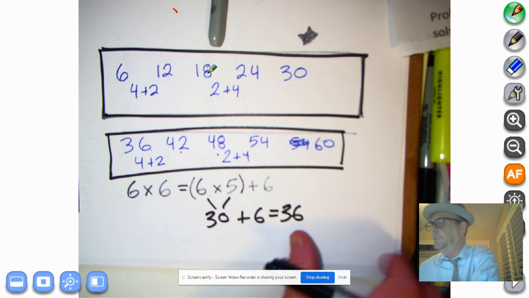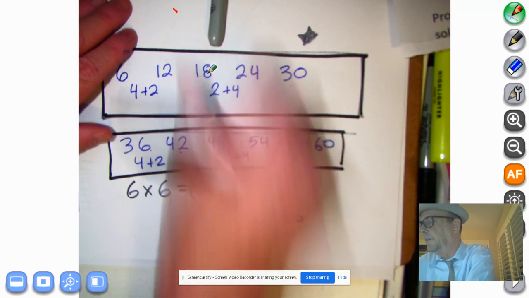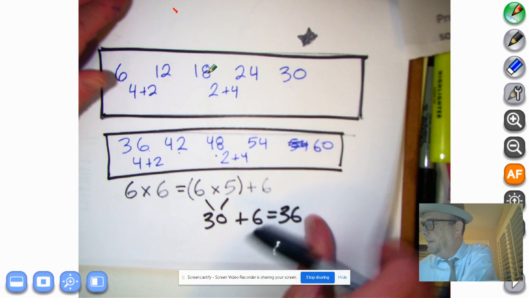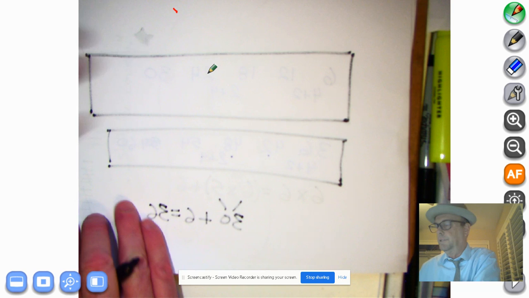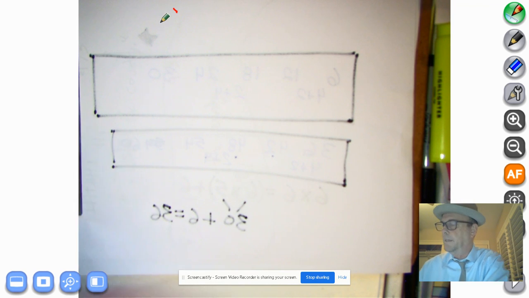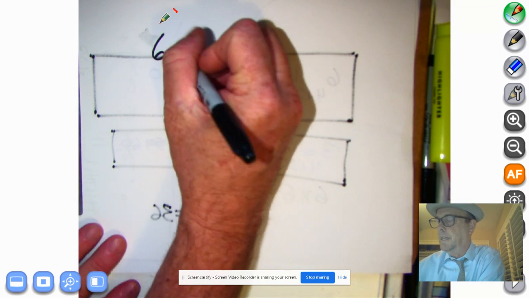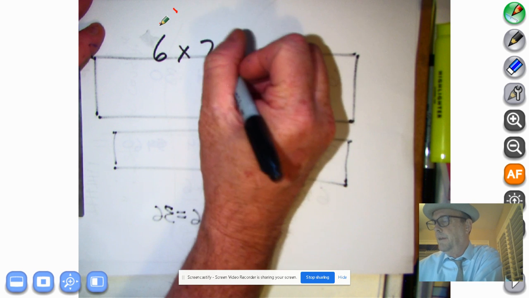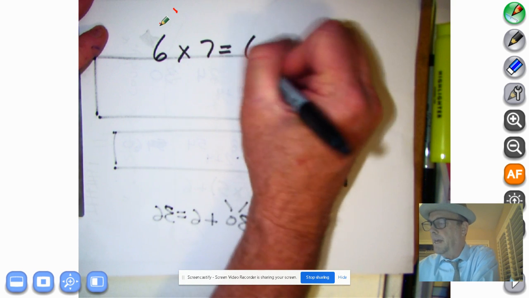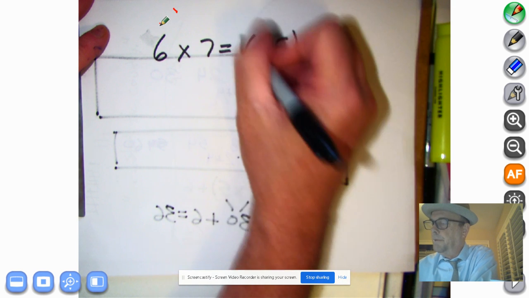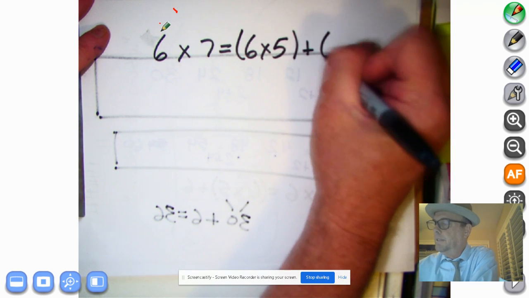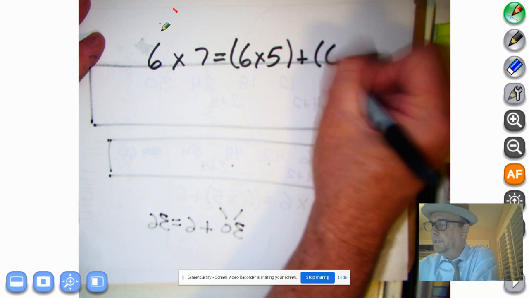And we can try another one while we're at it. This one's always a challenge for some people, myself included, and hopefully we can help you out with this. Turn this paper over. Why waste it? It's okay if we can see that stuff back there. And we're going to do 6 times 7. Okay, I can go 6 times 5, right? And I'm going to put that in parentheses, plus 6 times 2, right?